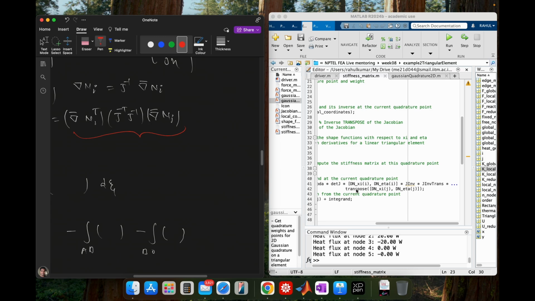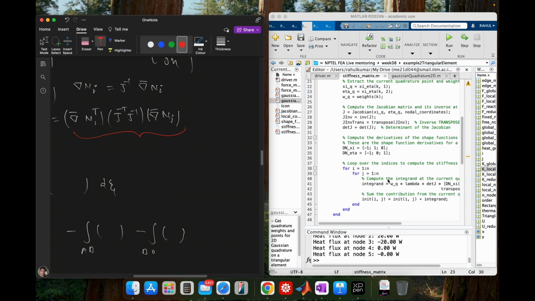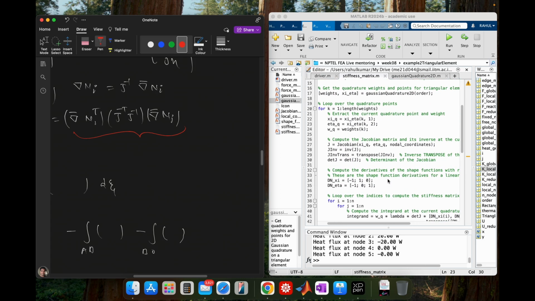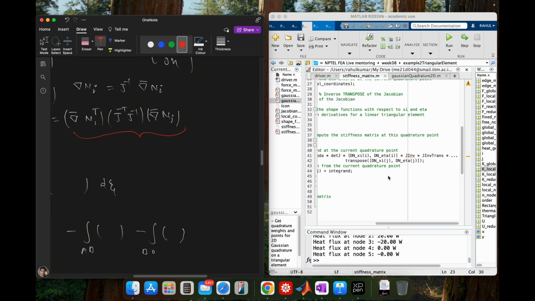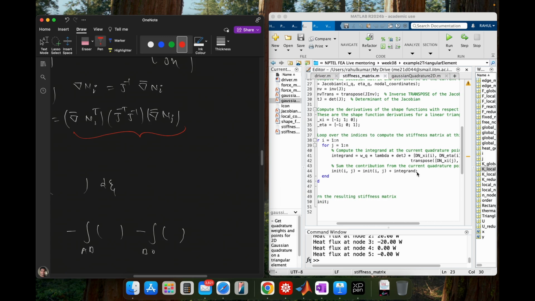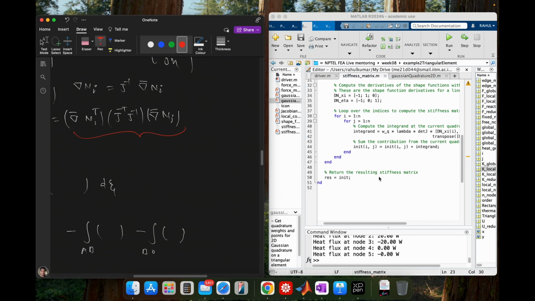Now it takes the vector del Ni, then J inverse and J inverse transpose, into the transpose of that. You can see that it is the opposite of that, because in MATLAB this value is already saved in vector form, so when you take the transpose it becomes the reverse of that. So this is the integrand, and then it will be added into that. This is all about the stiffness matrix.